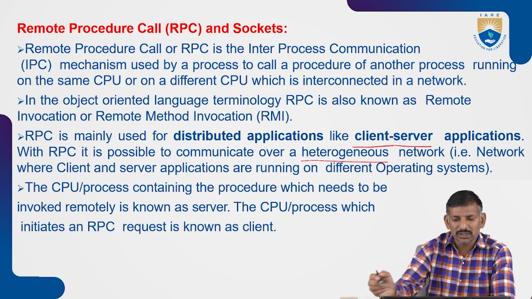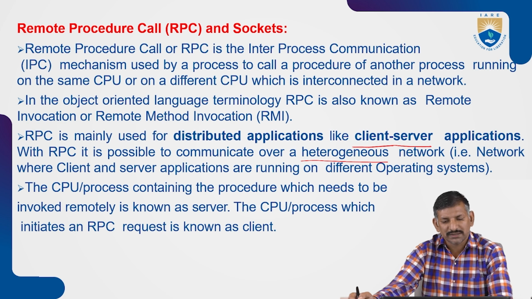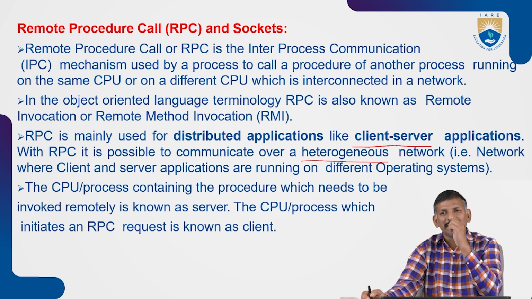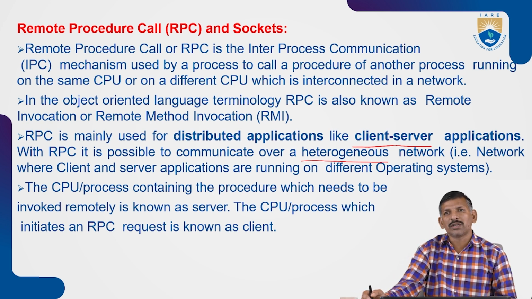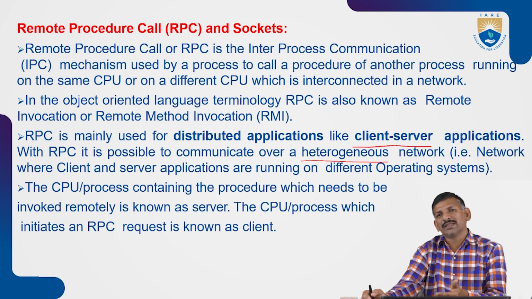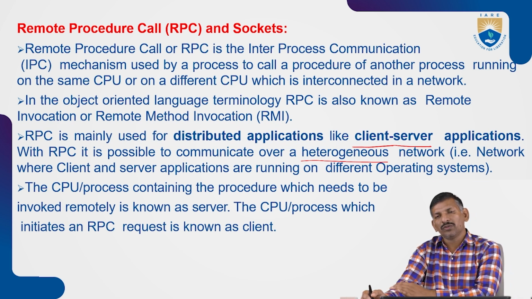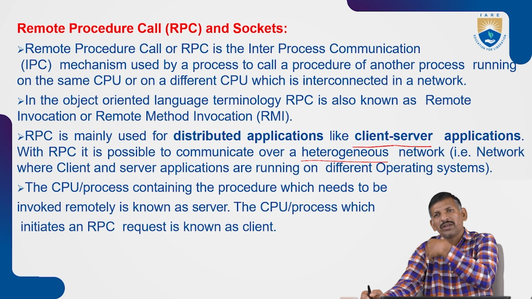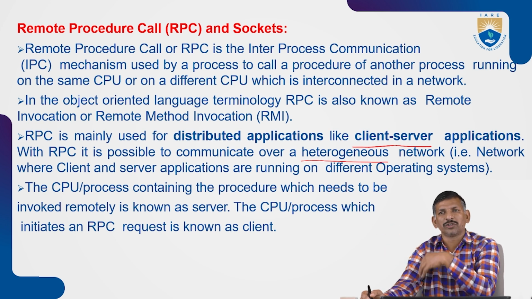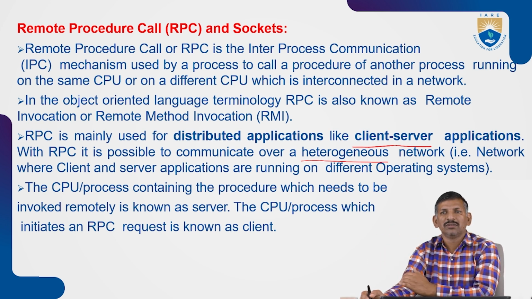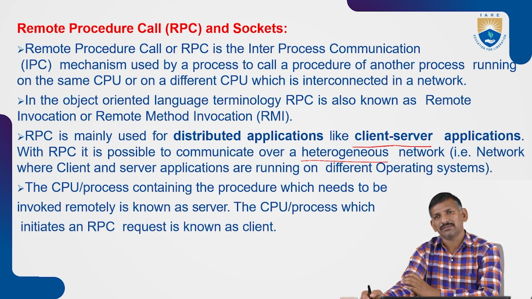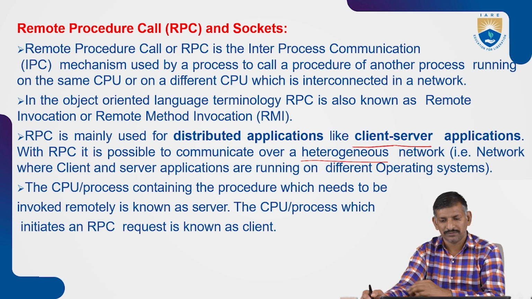Next, the CPU or process containing the procedure which needs to be invoked remotely is known as the server. Whatever the requirement is, it is defined in some program, and that program is stored in the server. If you want to execute those instructions, we can call that requirement by using function calls.